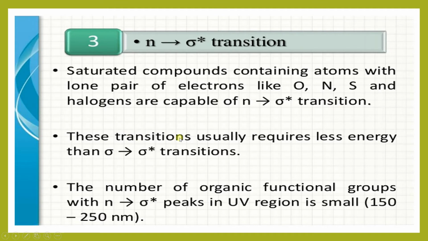These transitions usually require less energy when compared to sigma to sigma star transitions. For example, halides, alcohols, ethers, aldehydes, ketones, amines, etc. The number of organic functional groups with n to sigma star peaks in the UV region is small, in the range of 150 to 250 nanometers.